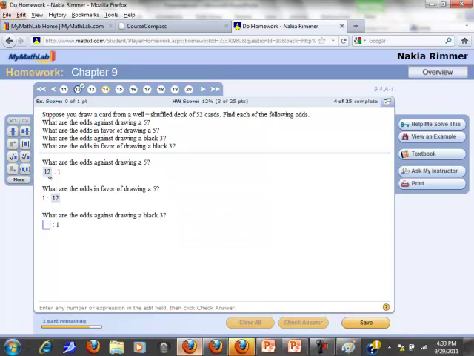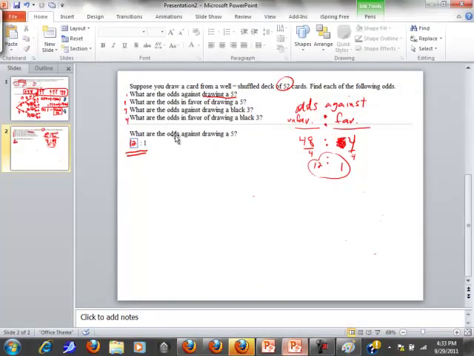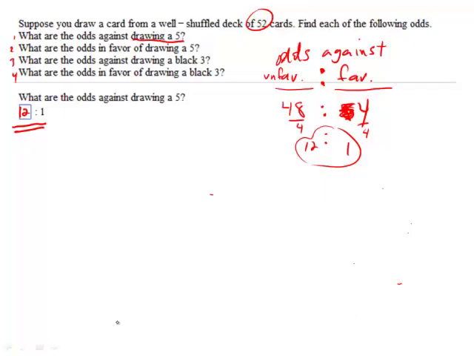Great. And then they go through a different situation. They're being specific here. They say not just a 3, but a black 3. So, just write this one here.